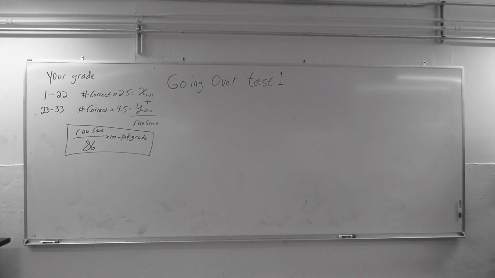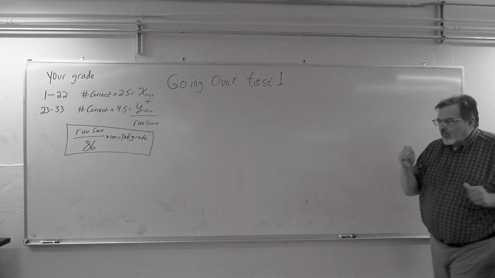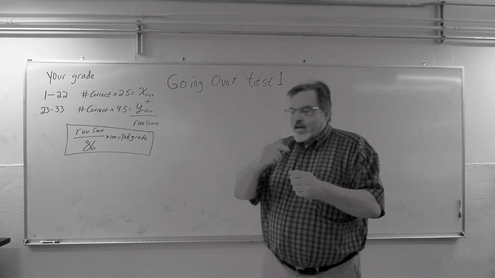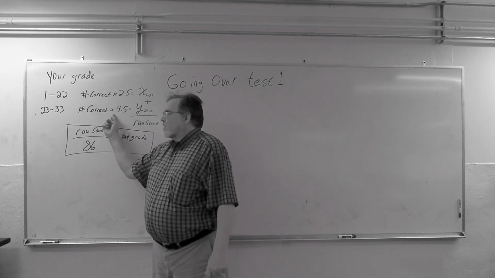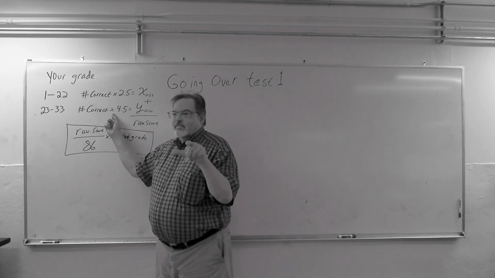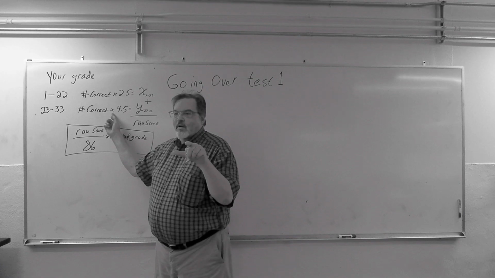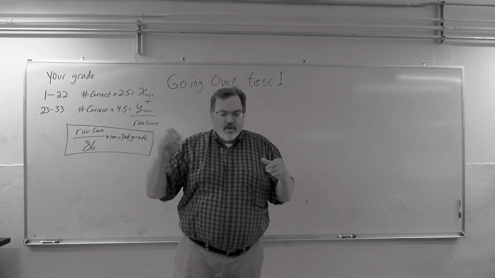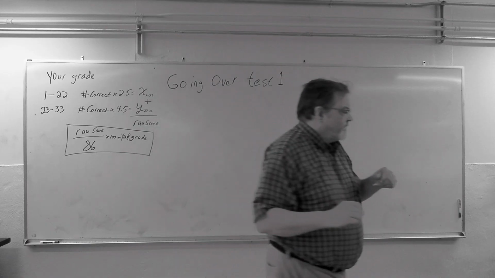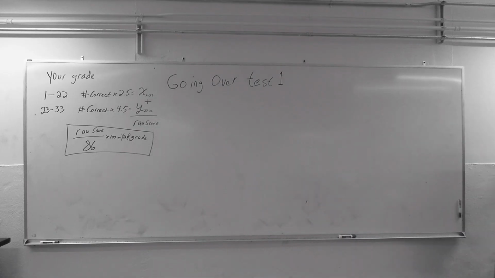So what I did is I looked at everybody's sheet and counted how many you got correct, 1 through 22, and counted how many you got through here. And I put that in my spreadsheet, and then I calculated from there. So the ones that skipped, when I do my answer key, I just skip.